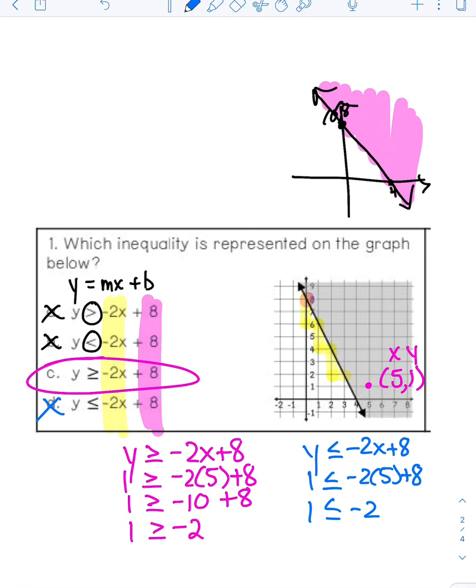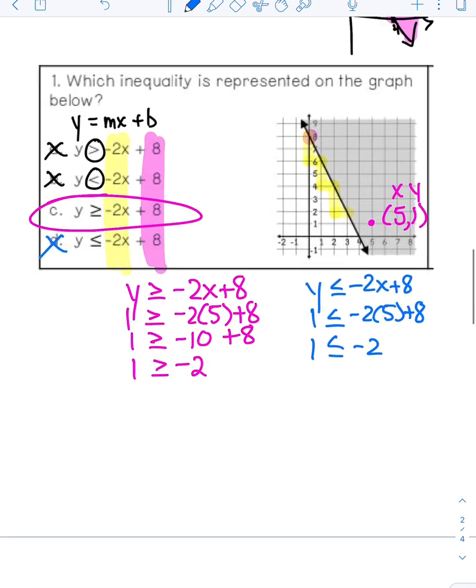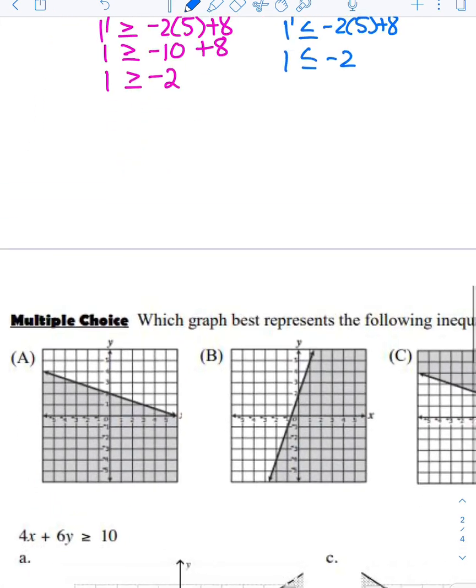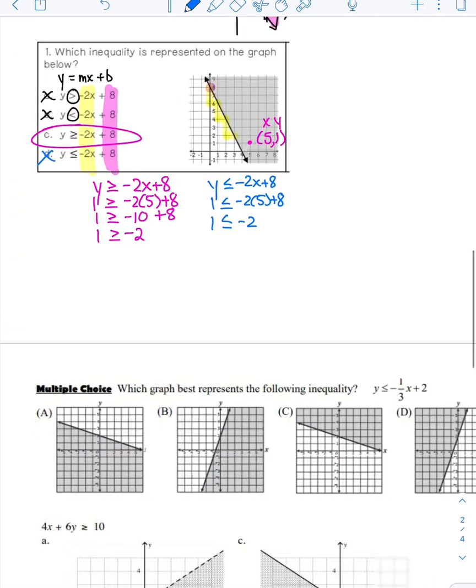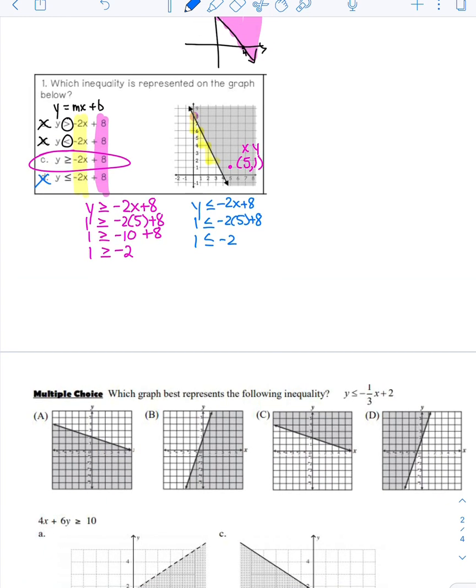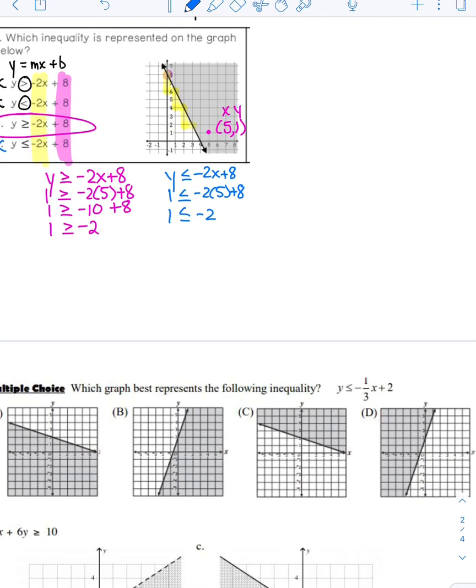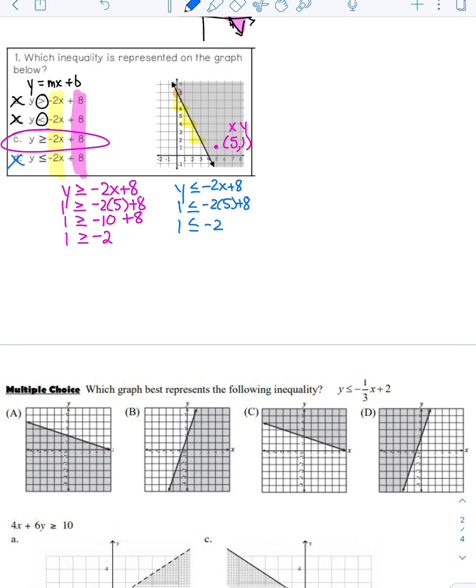So that's one type of question. You may have a graph and be asked to choose the correct inequality. Let's look at another example. In the next example, they give us the one equation and ask us to test the graphs. Again, one of the key points that we talked about was y equals mx plus b. So the first thing I usually test is my y-intercept.